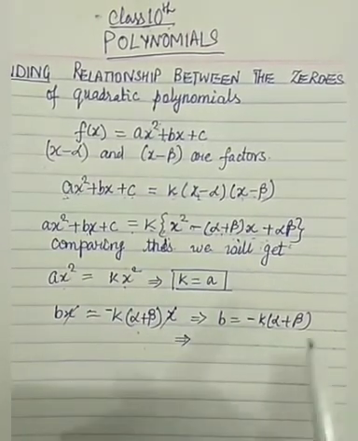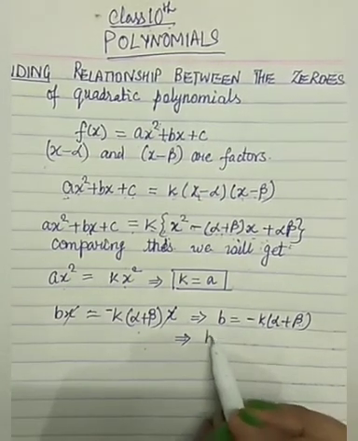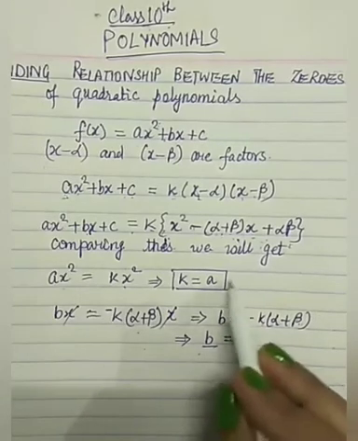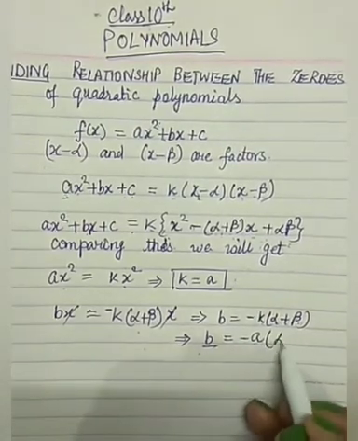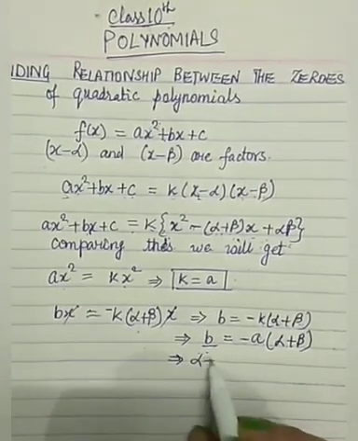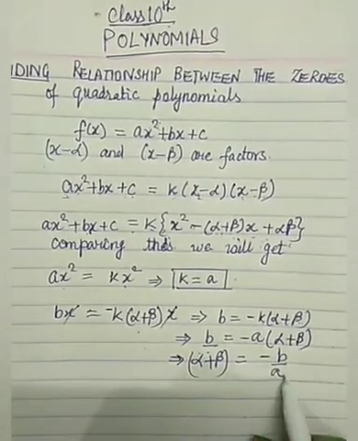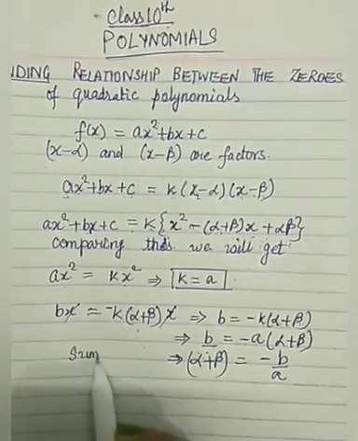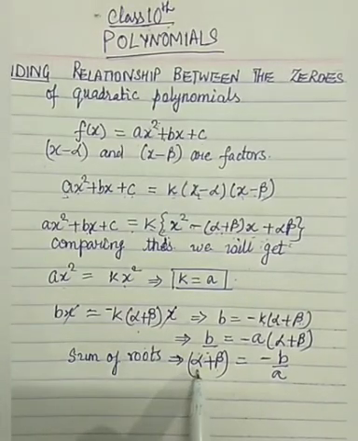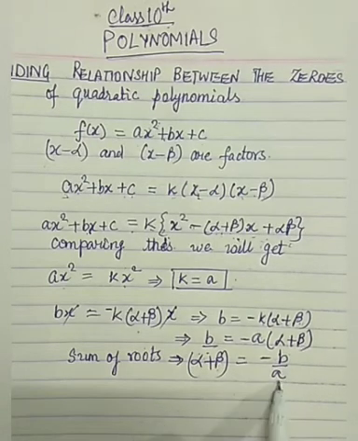So from here we get the sum of the zeros, alpha plus beta, is equal to minus b by a. This shows that the sum of the zeros of this polynomial, where alpha and beta are the zeros, is minus b by a.